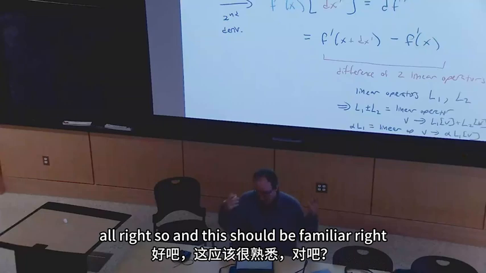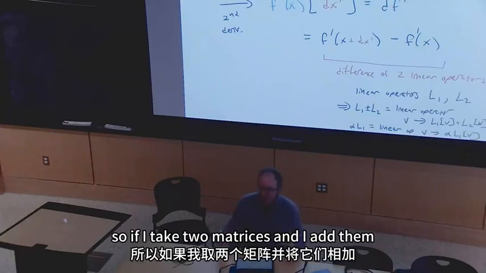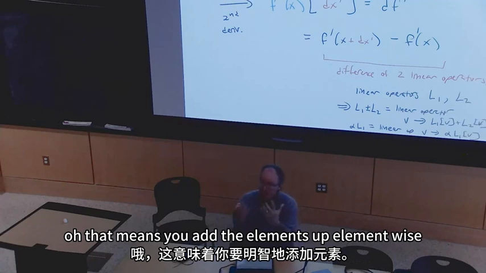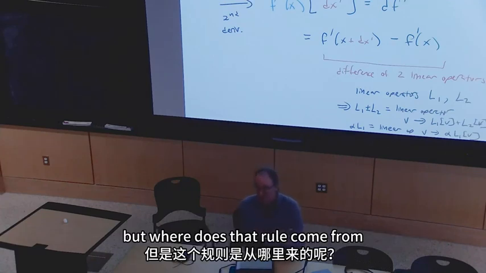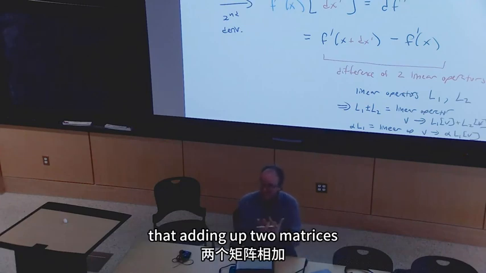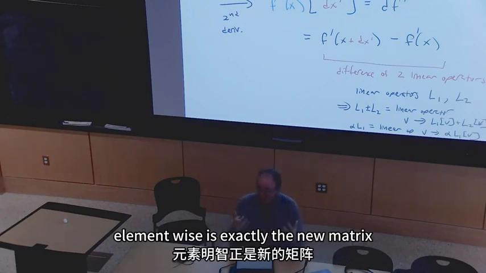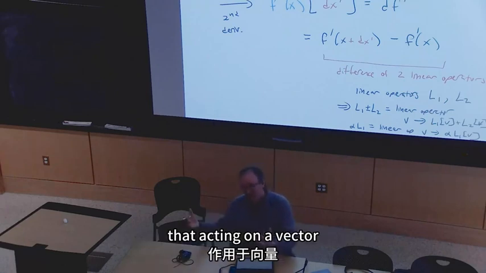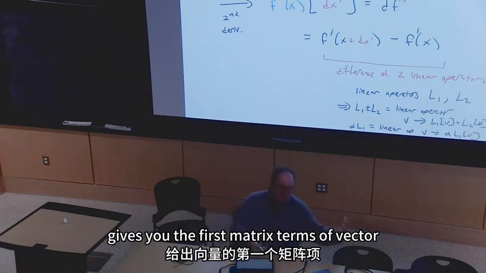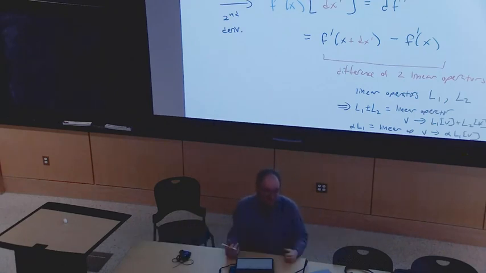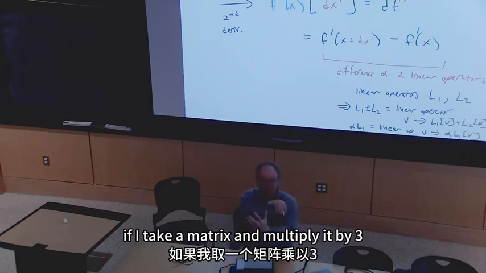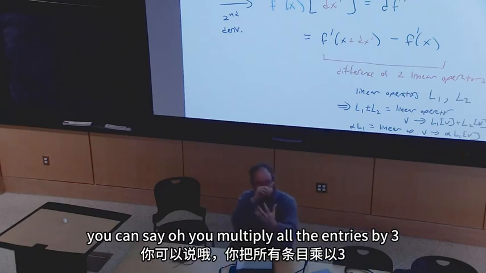This should be familiar. If I take two matrices and I add them, you know that means you add the elements up element-wise. But where does that rule come from? Adding up two matrices element-wise is exactly the new matrix that, acting on a vector, gives you the first matrix times the vector plus the second matrix times the vector. If I multiply a matrix by 3, you multiply all the entries by 3.